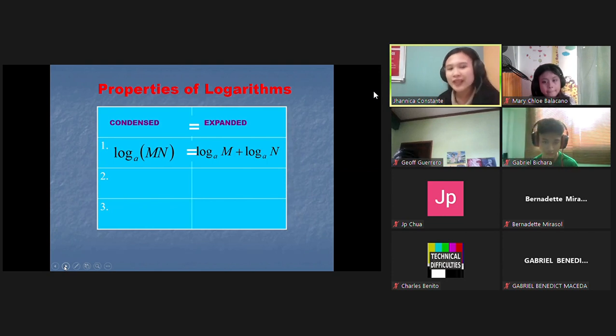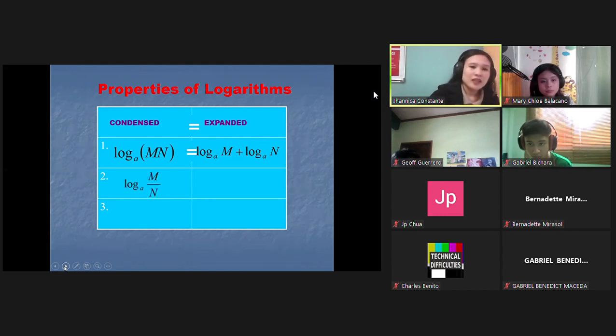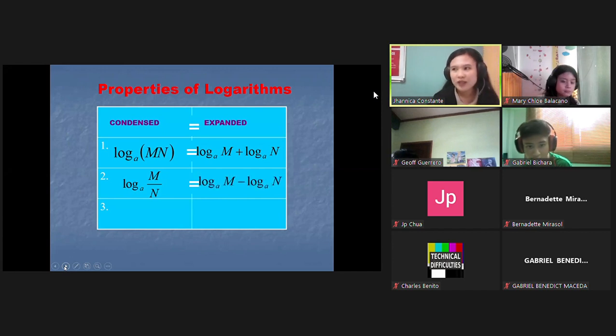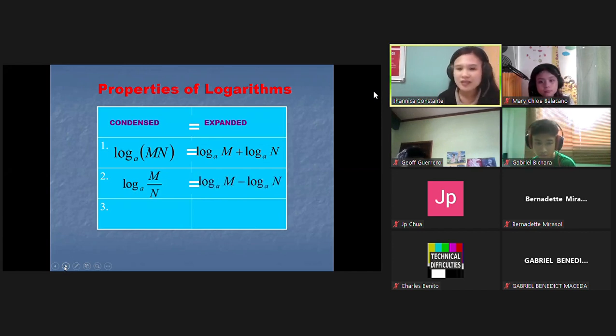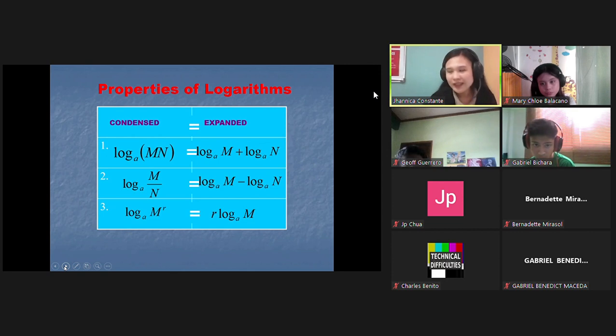The condensed form of the product rule is logarithmic a mn, and the expanded form of the product rule is logarithmic a m plus logarithmic a n. And for the quotient rule, you have this expanded and condensed form. And for the power rule, that is the expanded and the condensed form of the properties of the logarithm.